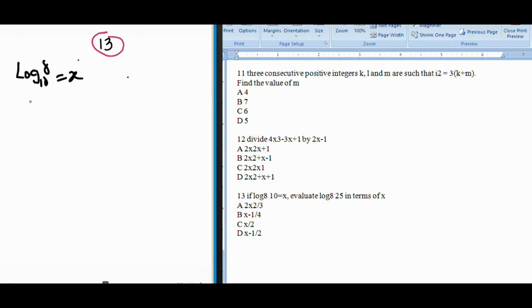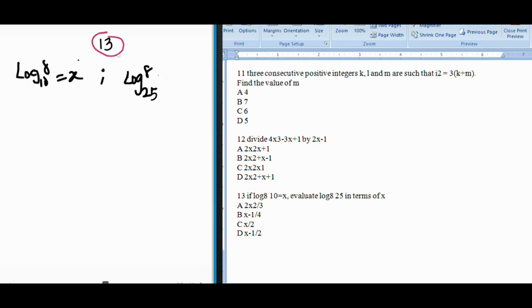Now, if you look at what we are given, we are to find 8 in terms of x. Then we substitute that 8 into that expression. Starting with that, log 8 base 10 is equal to x. Now, using one of the rules under logarithm, converting logarithm into the index, that means our 8 will be equal to 10 raised to power x.